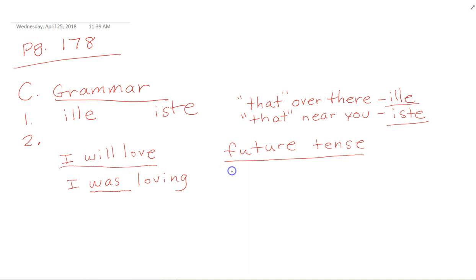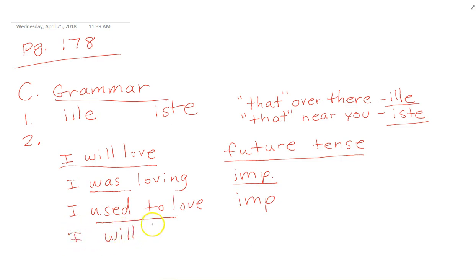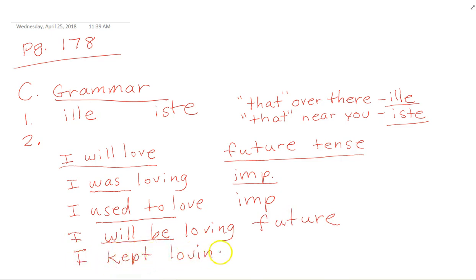So what is it? Is it future or is it imperfect? Well, it's imperfect, happening in the past. I used to love. Used to, in the past, imperfect. Hopefully you've got this all figured out before I even write it down. I will be loving. Will be, future. And the final one, I kept loving. Kept is past tense, so it is in the imperfect.